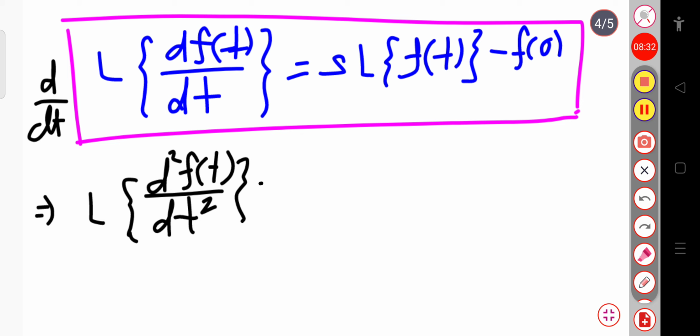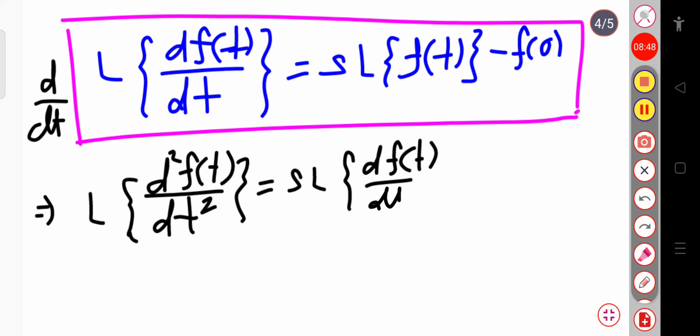And hence this will be equal to, if I take the derivative on the right hand side, s into L of, that is the Laplace transform of df of t divided by dt. We are not taking the derivative of s because s is a constant, and f of t is a function of t. That's why we are taking the derivative of that function.